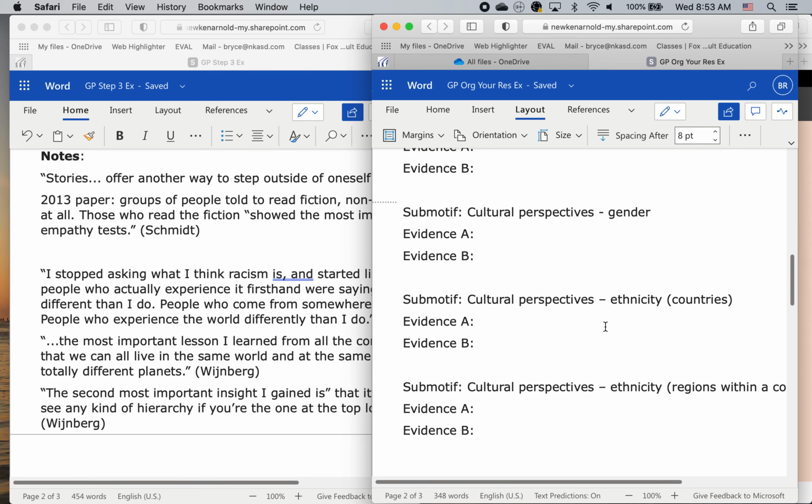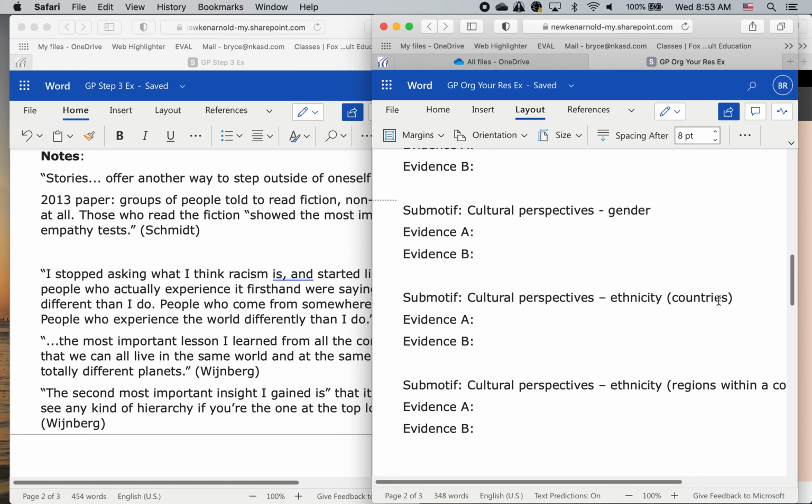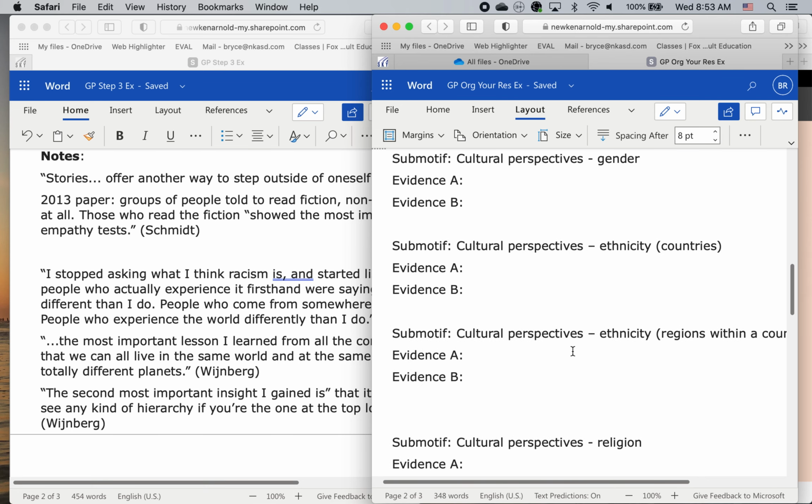So now I have broken that down a little bit more, because I know I could probably talk at length. I could probably give more examples than two for just ethnicity in general. So I can talk specifically about maybe regions within the United States versus how reading somebody like a South African author would influence my perspective as an American citizen.